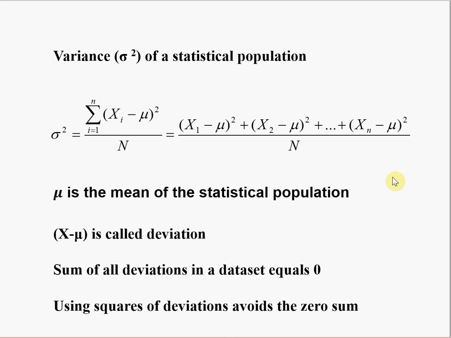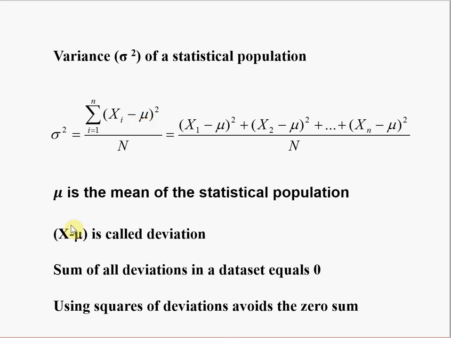Here, mu is the mean of the statistical population. So in this formula, you need to use a mean, since this is a population variance formula. The mean is also the population mean.